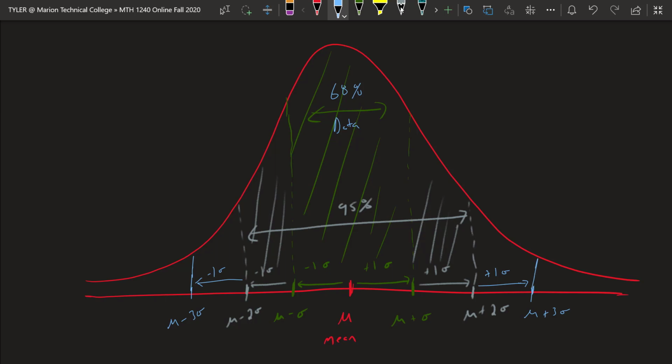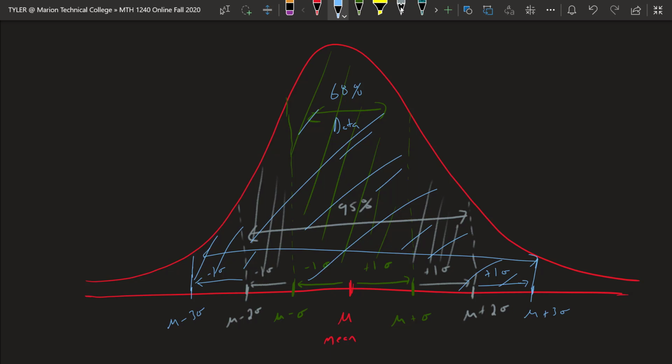Then inside of here, all of this, that would be 99.7% of the data. So that's what that table means.